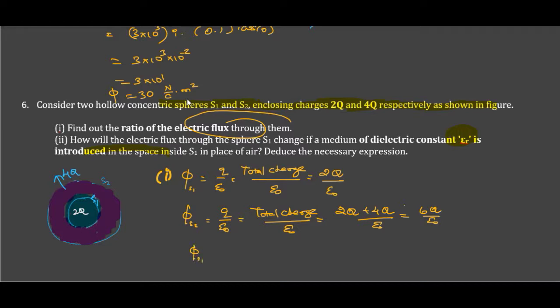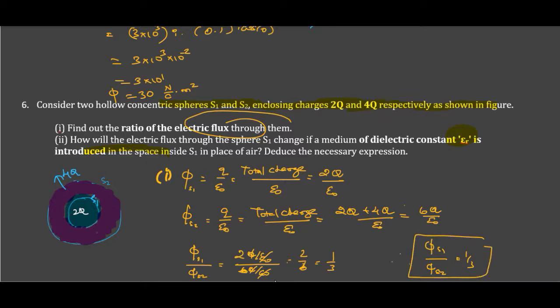So flux through surface 1 divided by flux through surface 2 is 2Q by epsilon naught divided by 6Q by epsilon naught. Epsilon naught and Q cancel, 2 by 6 is 1 by 3. Therefore the ratio of flux through surface 1 to flux through surface 2 is 1 by 3. So this is the ratio. I hope it's clear. So now we are coming here.